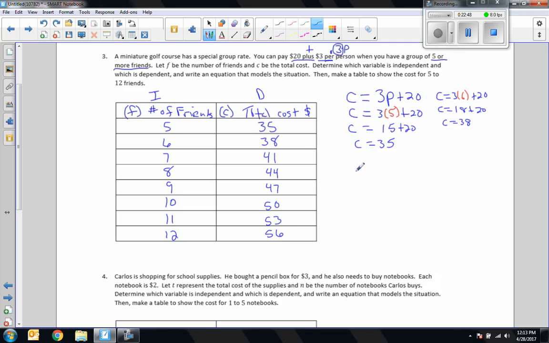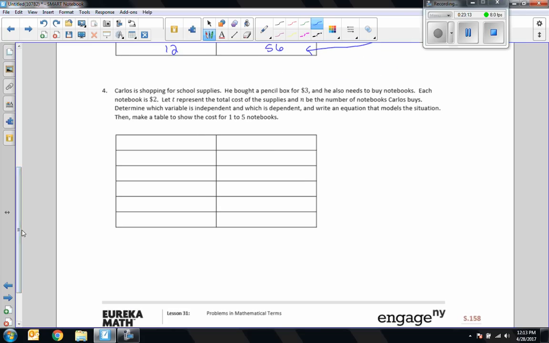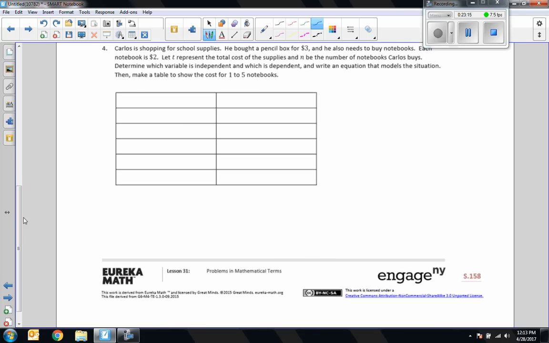And I'm going to check that last one just in case. So there's my equation. C equals 3P plus 20, and P is 12. So C equals 3 times 12, or 36, plus 20, and C equals 56, and that is exactly what I got here. Hopefully this is getting really easy for you and just becoming routine.